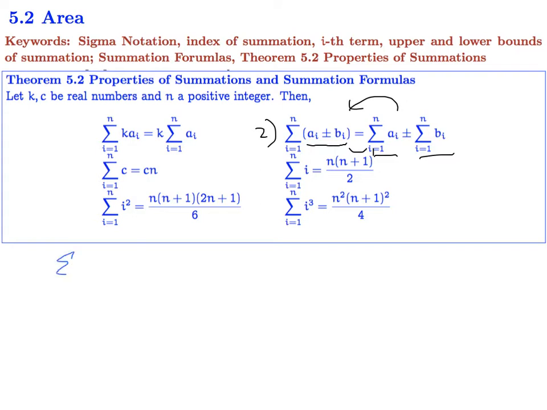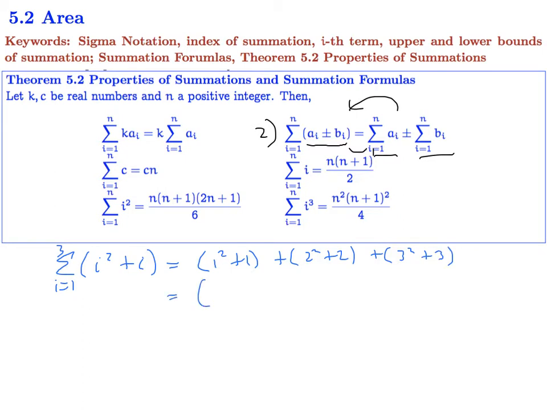So suppose we decide we're going to add from i equals 1 to 3 again, i squared plus i. Definitely two patterns. Well, what this means is the first one is 1 squared plus 1 plus 2 squared plus 2 plus 3 squared plus 3.